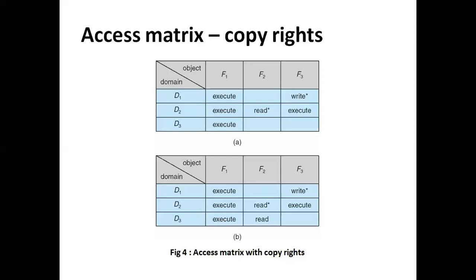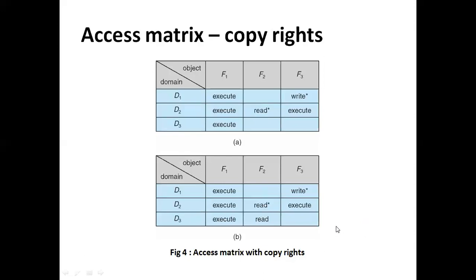If a process can read a file in one particular domain, then it has access to that resource, so it should have access to that resource in any of the domains. If you have to copy an access right, you should have a star. Since you have a star here, read can be copied. In figure B, you can see that the read access right is copied to domain D3.